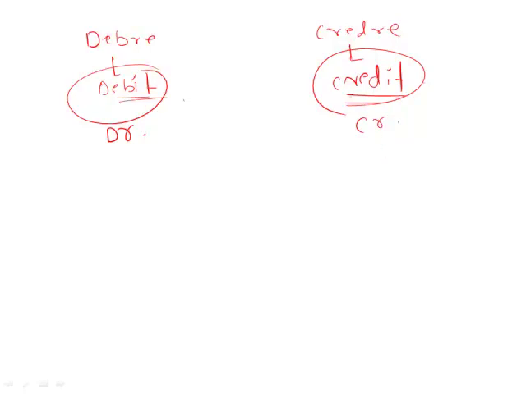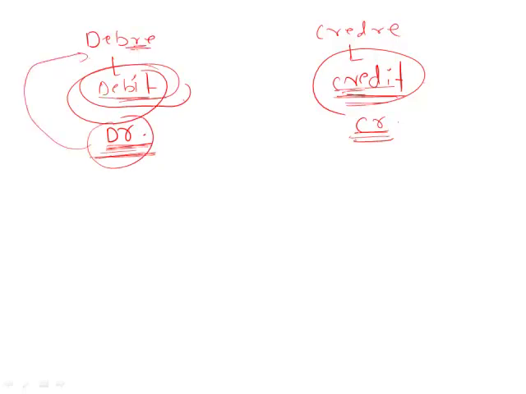So you go and ask them that fair enough, credit, CR, that's why we call it as CR. Debit, there is no R. So why do we call it as DR? We call it as DR because it is actually Debre and Credre. So you can just go and have a little bit of fun with these guys. They won't like your question much. It's a stupid question.